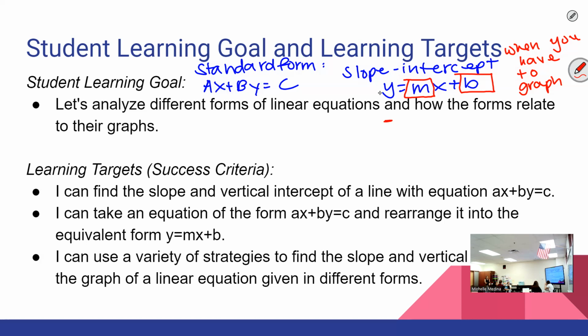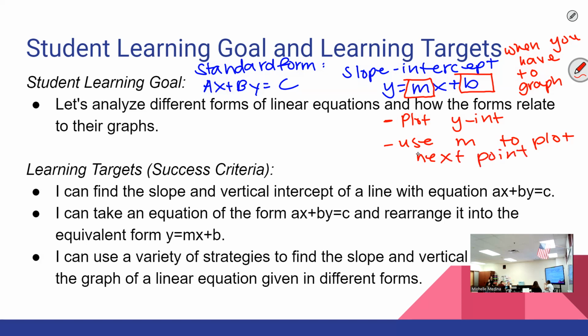What do I have to start with? When you're graphing something in slope-intercept form, you need to plot your y-intercept first. And then from that y-intercept, use your slope to plot your next point. So use m to plot the next point, and then you make your graph that way.